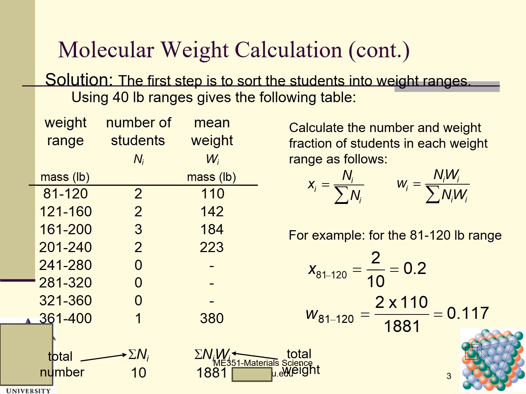And similarly for the weight fraction in the 81 to 120 range, we calculate two students that have this kind of range, and then divide by the total mass. So this is the total weight of these students. And so this equals 0.11117.